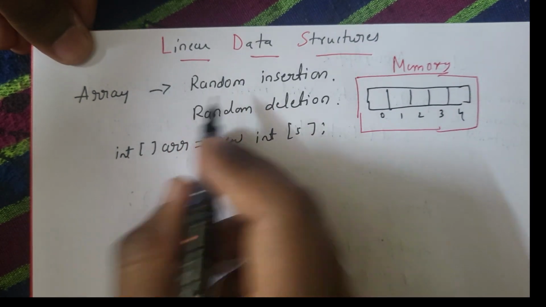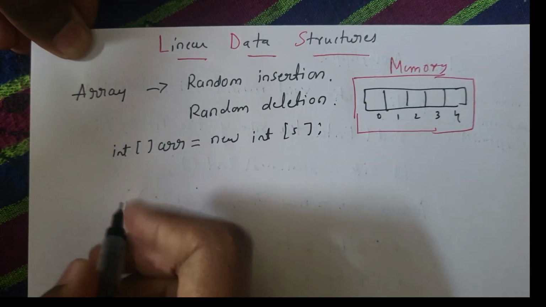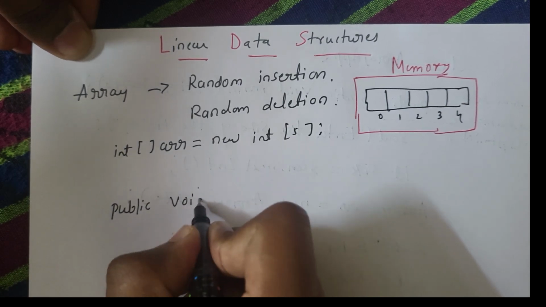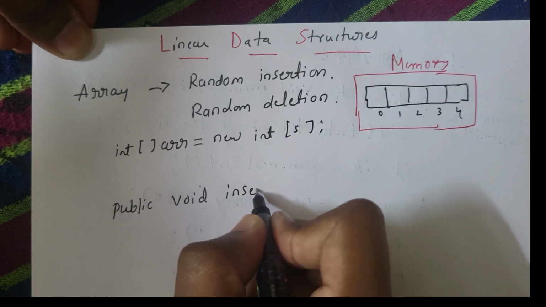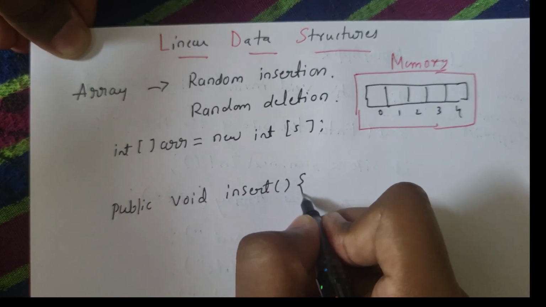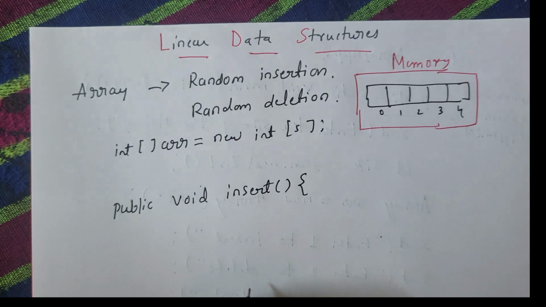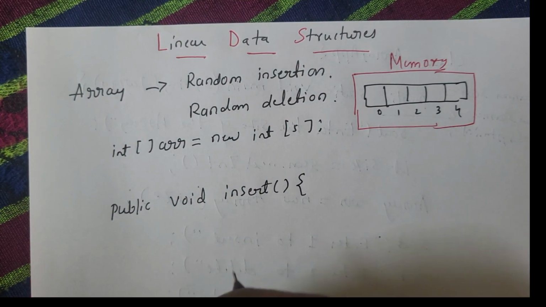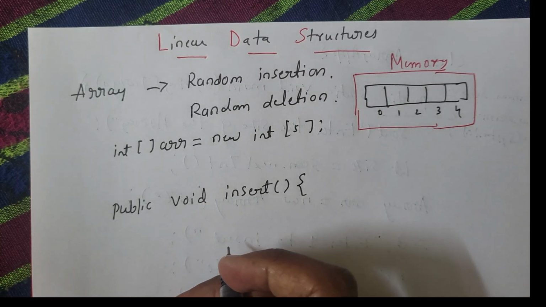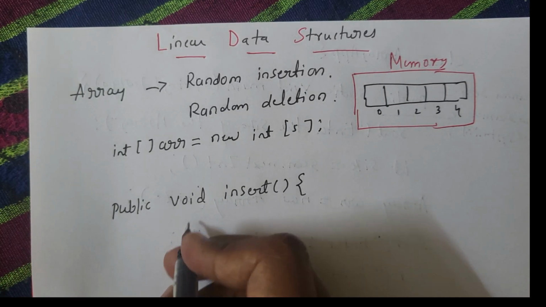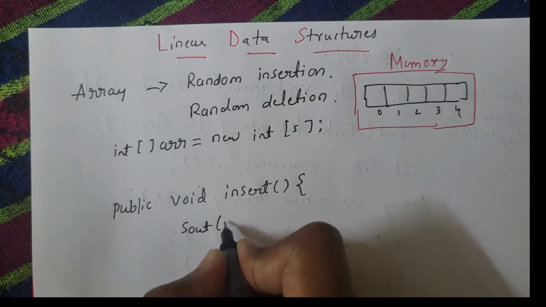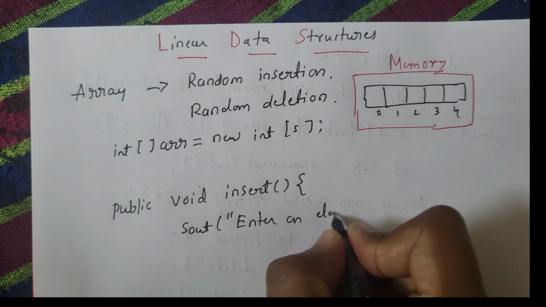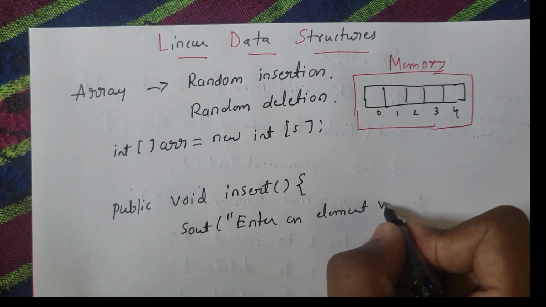Now for the random insertion we will write one method, public void insert. This is the method name. I said in the array the user has the option to insert an element at a random position. So first we will ask the user to enter an element you want to insert.